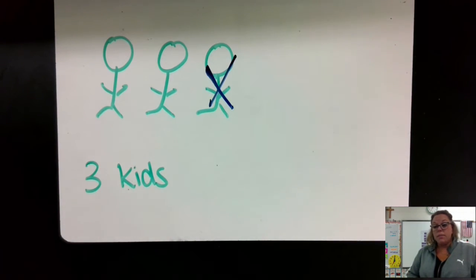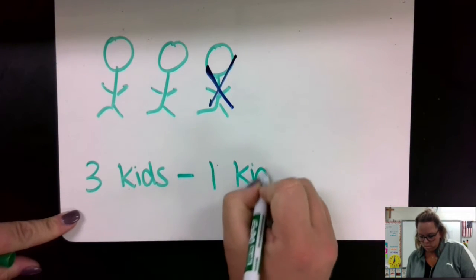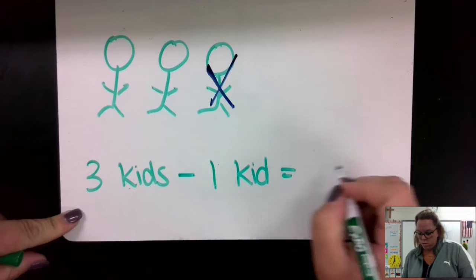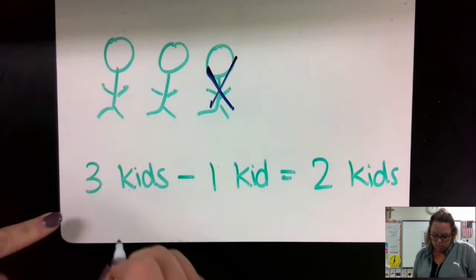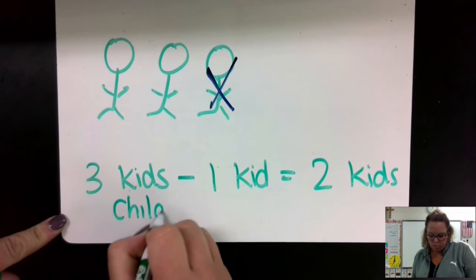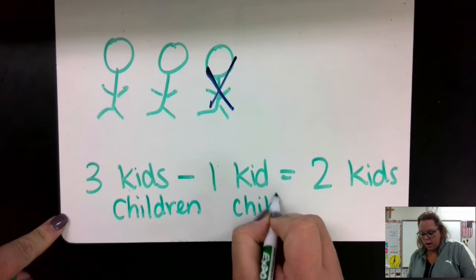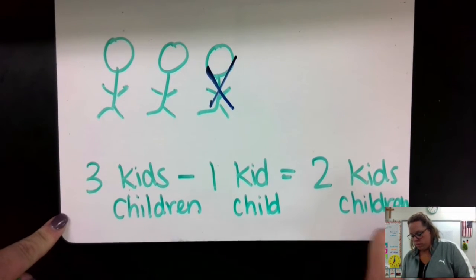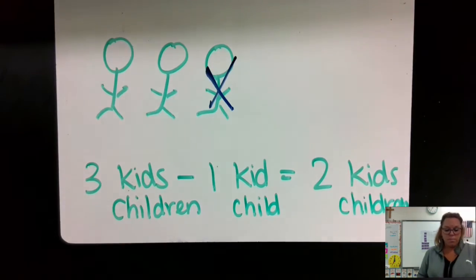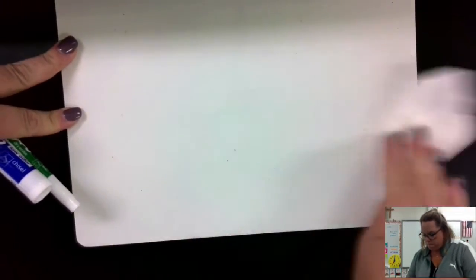How many kids are left at the movies? 1, 2. I could say children also. Instead of saying kids, I could say 3 children minus 1 child equals 2 children. Okay, I could do that also. Let's do one more example this morning.